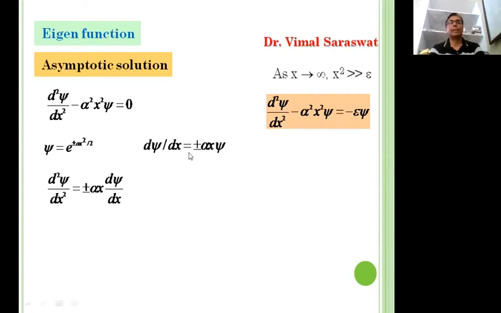Since d psi by dx is equal to plus minus alpha x psi, we substitute the value of d psi by dx from here to here, then d2 psi by dx2 is equal to alpha square x square psi, or d2 psi by dx2 minus alpha square x square psi is equal to 0. Since this equation and this equation are the same, it means the solution of this equation will be exponential plus minus alpha x square by 2.